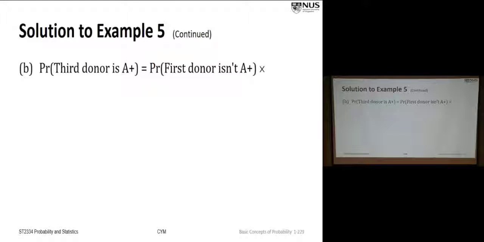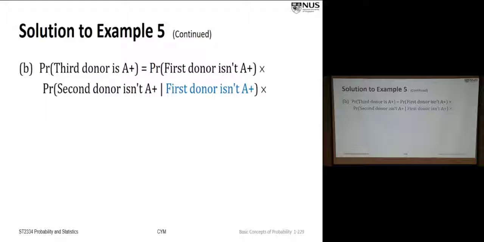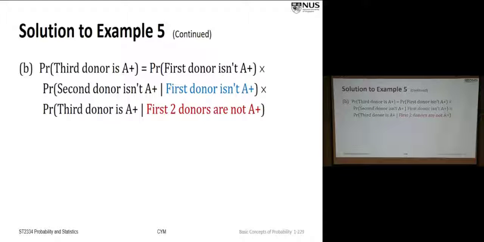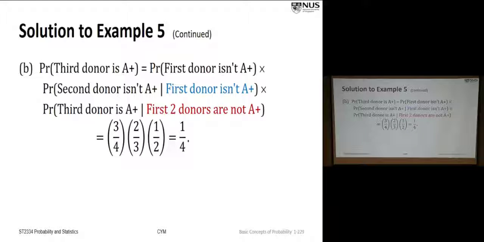Okay. The third donor is A plus. So you need the first one not A plus, second one not A plus, all right? And the third one is A plus, given that the first 2 are non-A plus. So the answer is 1/4. So it simply means that it's A and B, non-A plus, non-A plus, and maybe C, the third one, is non-A plus, so I need C complement.